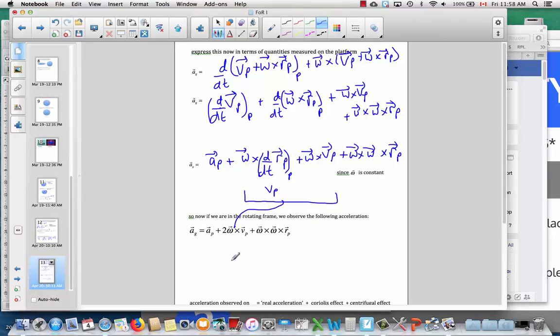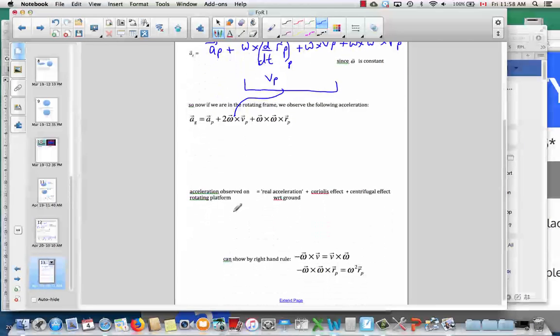Now, if we rearrange that and express it as we usually do and say, okay, so what acceleration do you measure for an object when you're on the platform? Well, there's the real acceleration of an object on the ground, and then these two terms will come over to the other side. So this will be minus 2 omega cross v minus omega cross omega cross r.